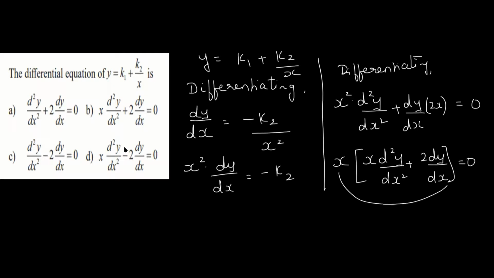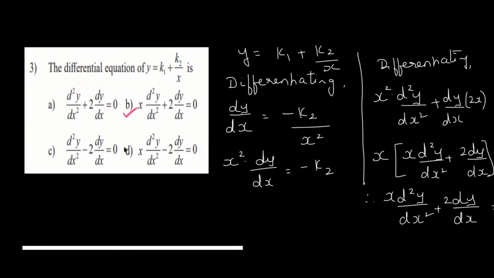Now this x goes to the RHS, 0 upon x is 0, and therefore we have x d2y by dx2 plus 2 dy by dx is equal to 0, and this becomes the differential equation which is required. So the correct option from here is x d2y by dx2 plus 2 dy by dx is equal to 0, which is B. B becomes the correct option. So you can just check it out properly. Now we go on to the next sum.